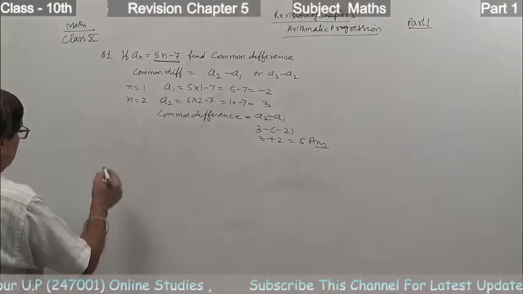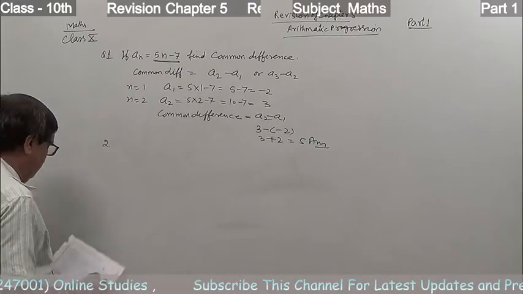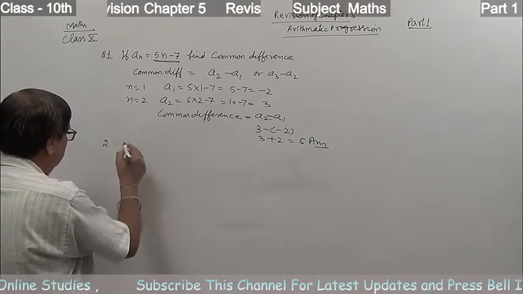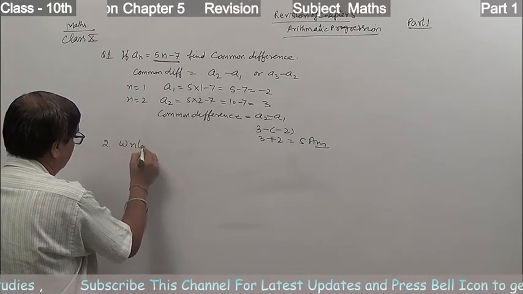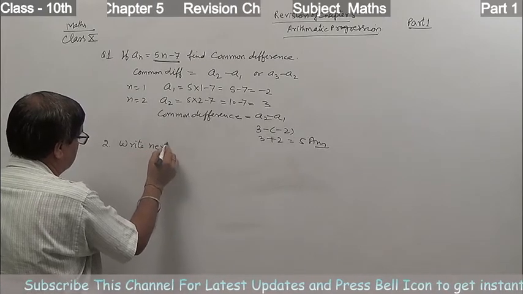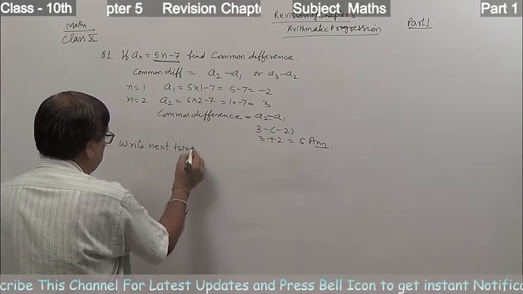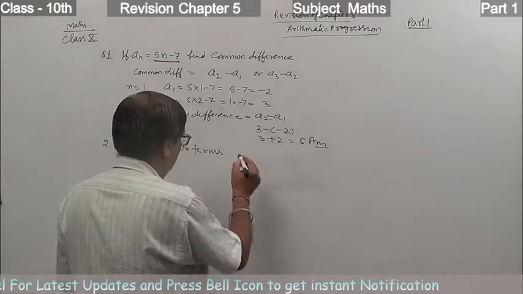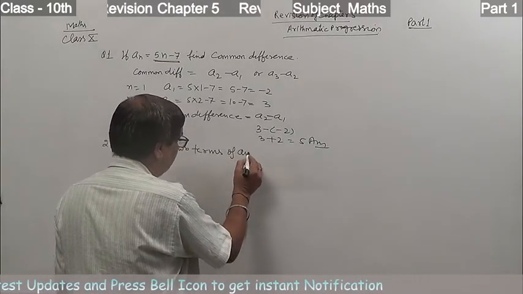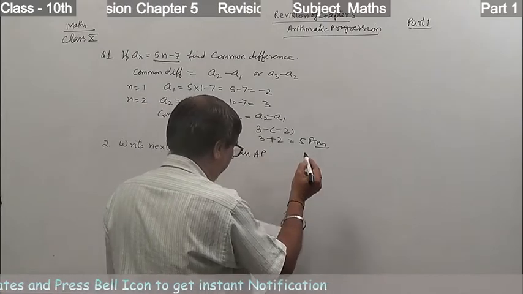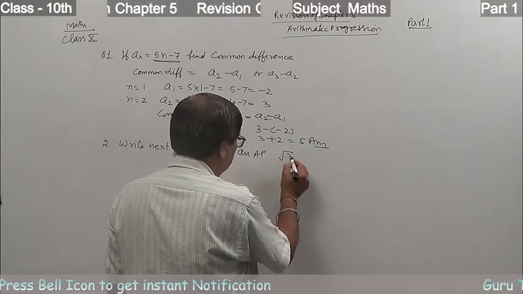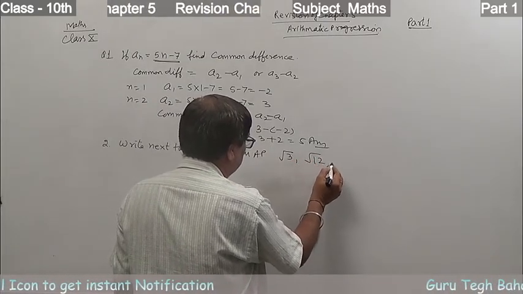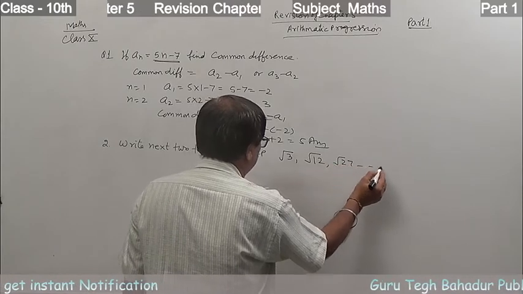See the second question. Write the next two terms of an AP: root 3, root 12, root 27.